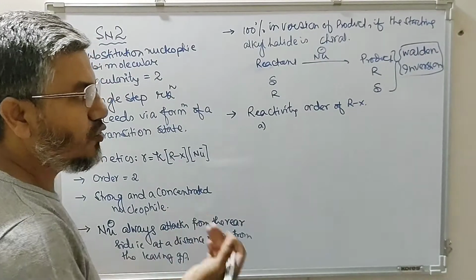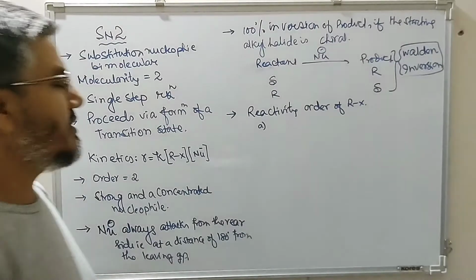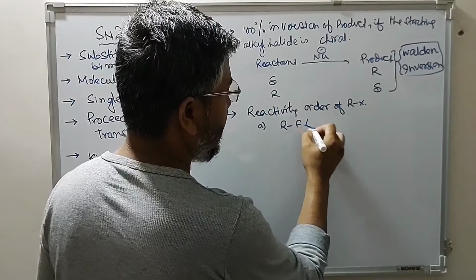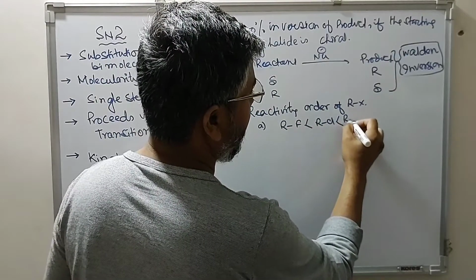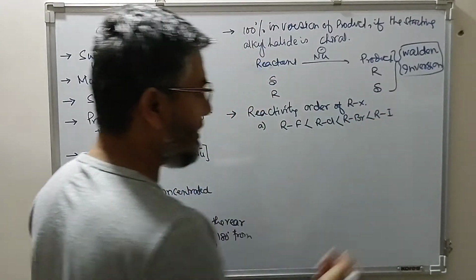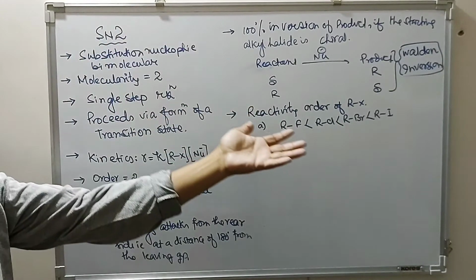If the alkyl group is the same and different halogens are present, then RF is the least reactive, followed by RCl, then RBr and RI. Alkyl iodides are the most reactive for SN2.